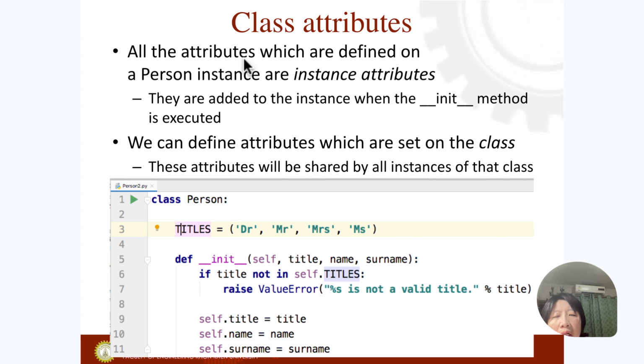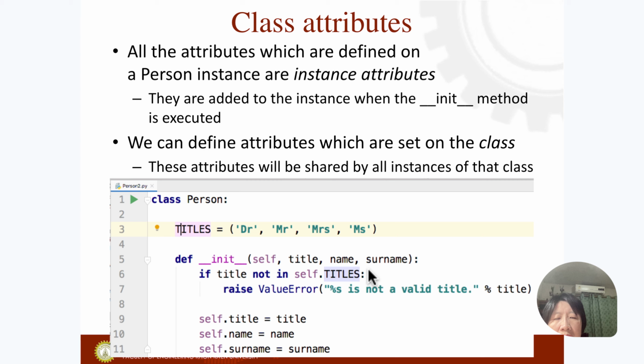And all the attributes which are defined on a person instance are instance attributes. So here we have class Person. Title here is a class attribute, right? But title, name, surname here are instance attributes.